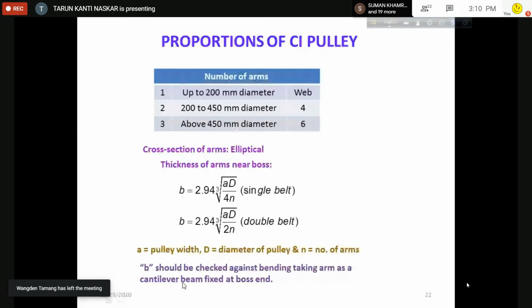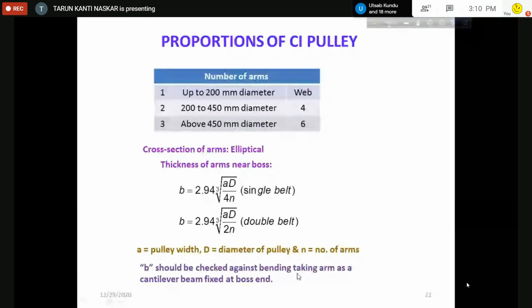Okay, so how is B checked? By checking it against bending stress. Is it clear? Okay.